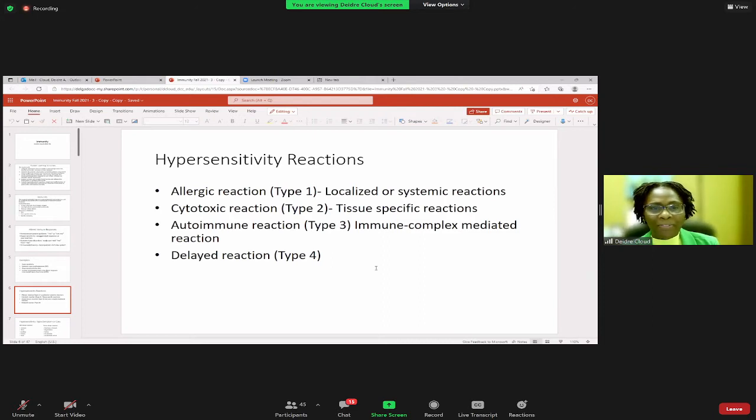And you'll learn more about that in labor and delivery or OB. And then there's your autoimmune reactions, which are complex mediated reactions. And that's your autoimmune disorders. And then delayed reaction type 4 is reactions that occur 48 to 72 hours after the contact with an allergen.